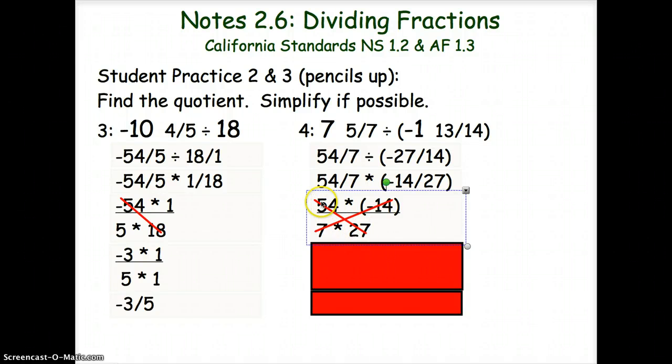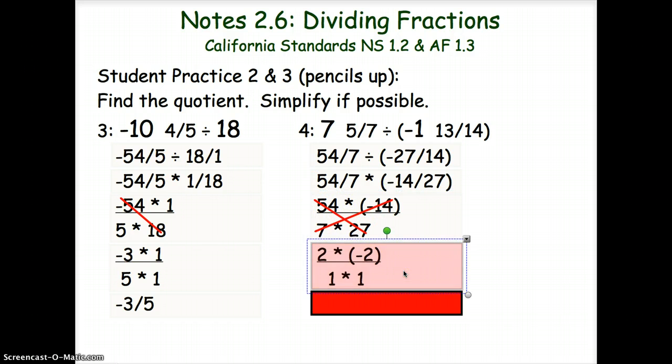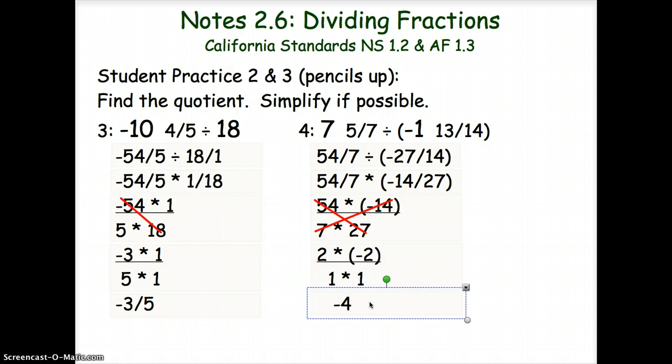But if you used 9 first and then 3, or 3 first and then 3 and then 3 again, you'd still come up with the same answer. Here's our simplified fraction. Now notice I'm going to end up with an improper fraction with a denominator of 1, which tells me it's simply a whole number. And there you go.